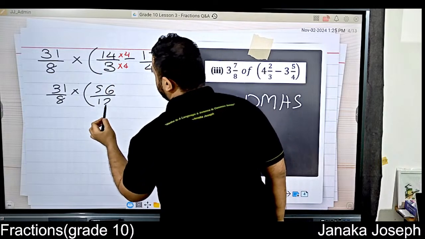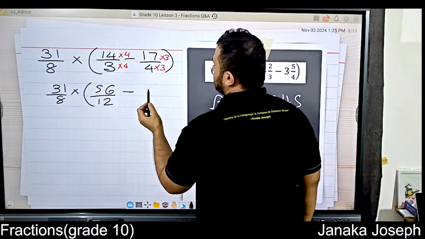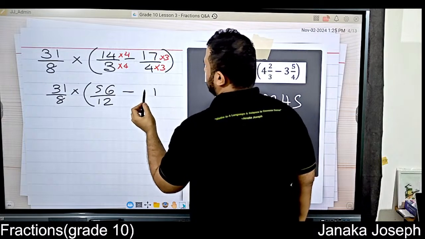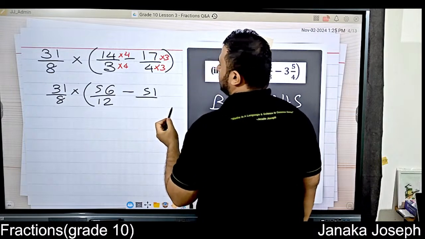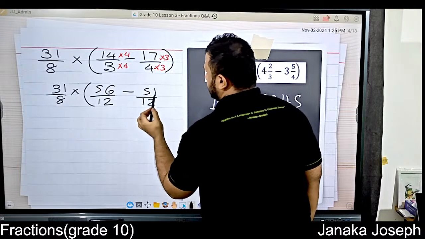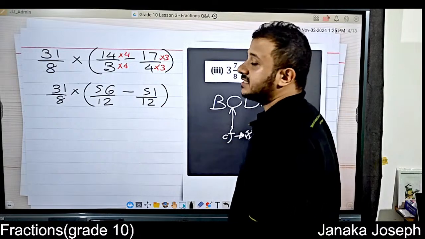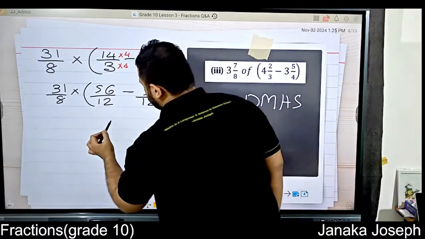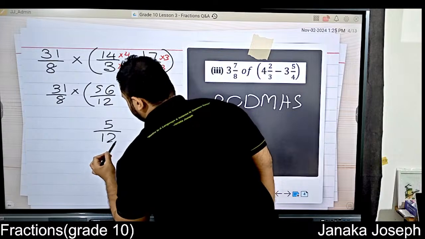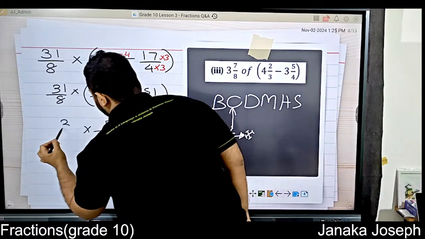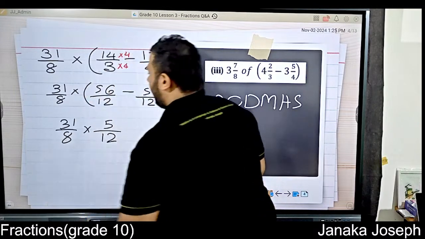And then here this minus, this is going to be 21. So 51 and a 12. Then 56 minus 51, that's a 5. So 5 out of 12 here multiplied by 31 out of 8.